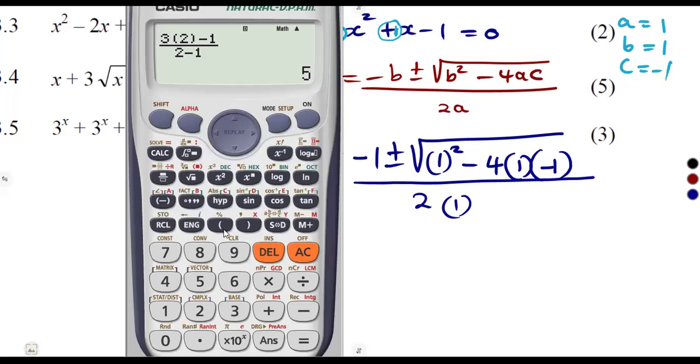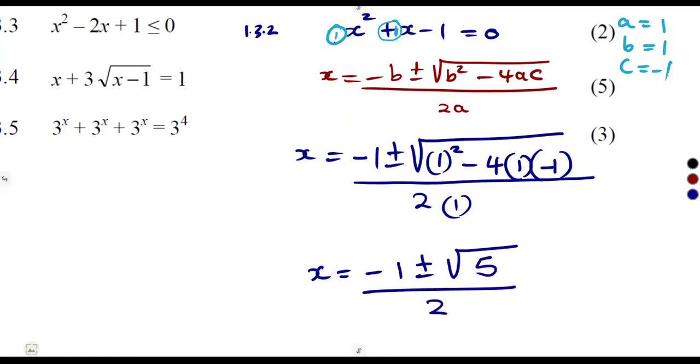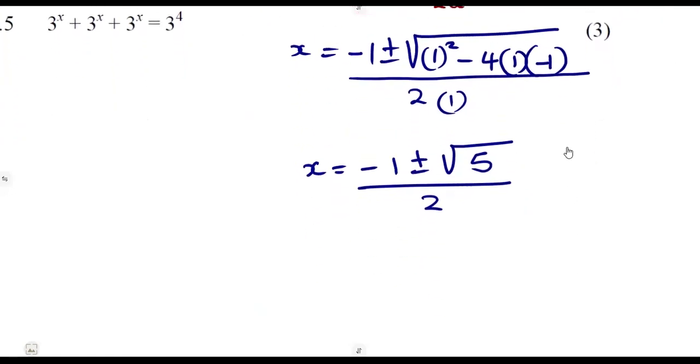That is 1 squared minus 4 times 1 times negative 1, as it is under the square root. So that was going to give us a positive 5 under the square root. So x is equal to negative 1 plus or minus the square root of 5, everything over 2 times 1, which is 2. So this is it.